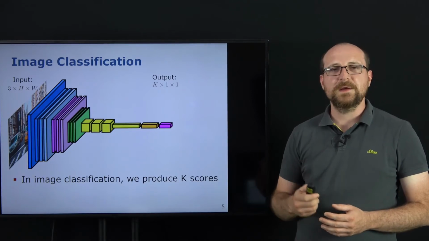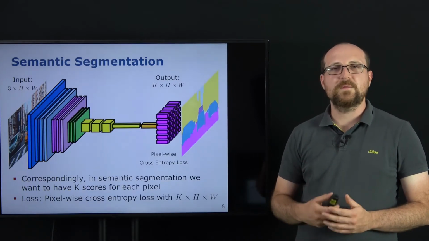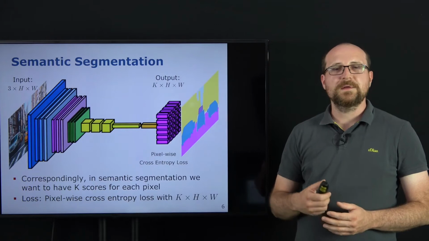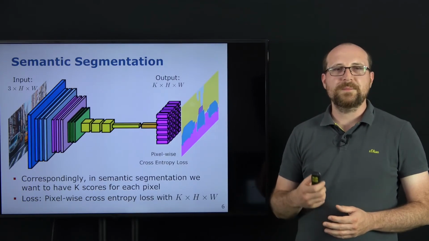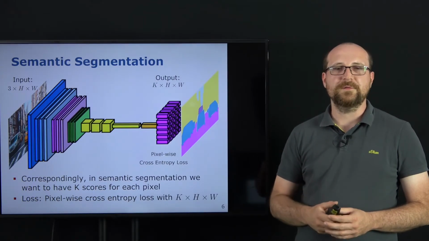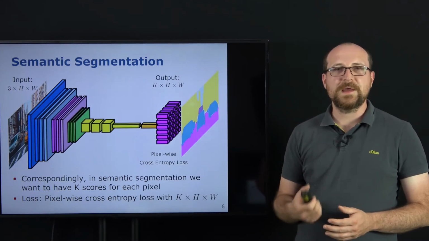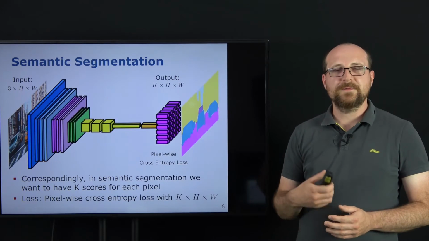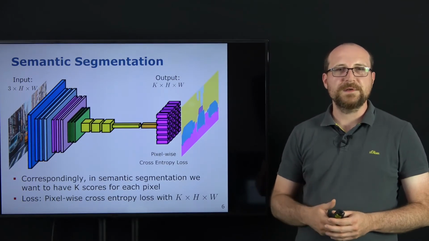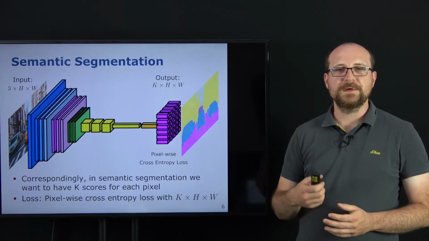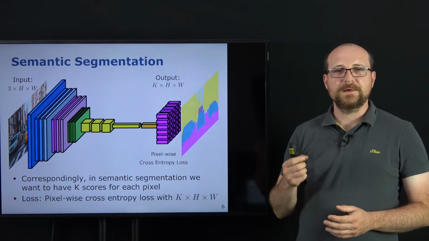In semantic segmentation we want to produce the same, but the class scores should now be for each pixel of the image. So we are not getting only k class scores back, but a class score for each pixel in the output image.